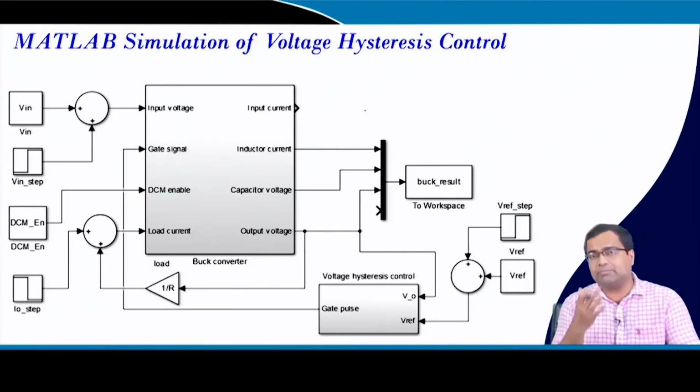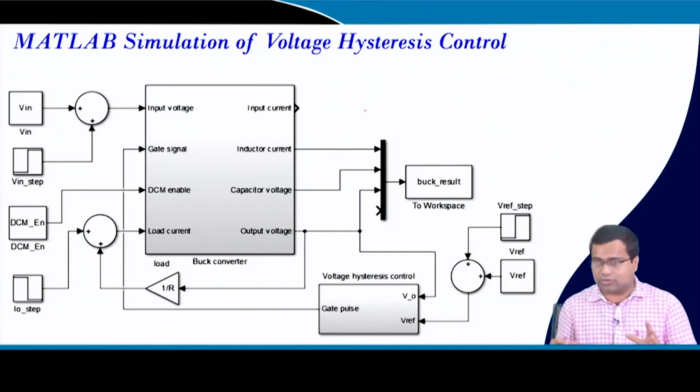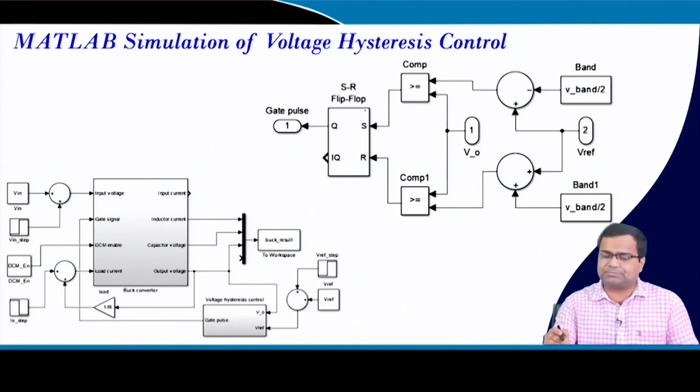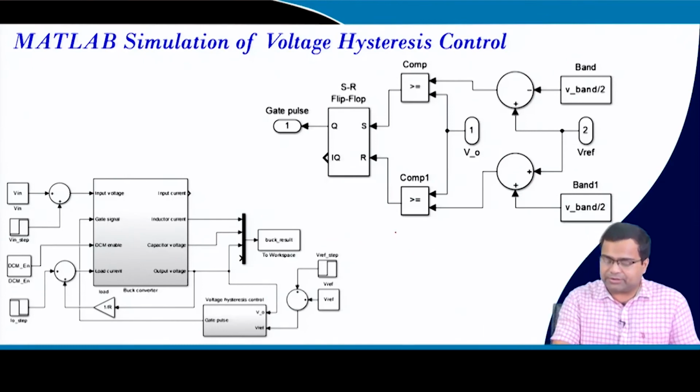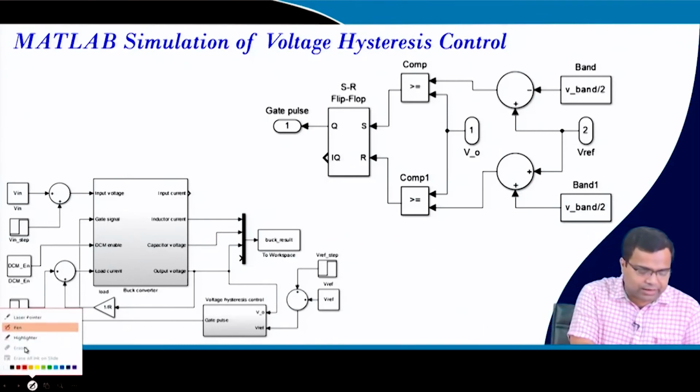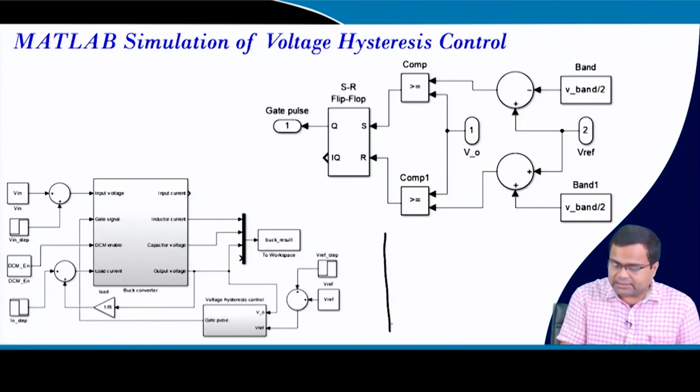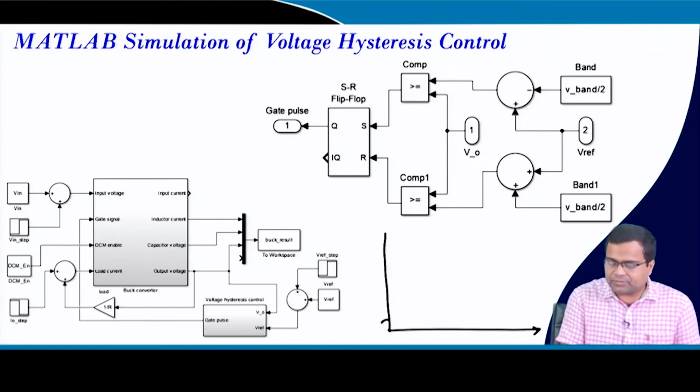Then we can also implement voltage hysteresis control under light load, where it is purely a hysteresis band. What we are trying to do is maintain the voltage. This is my output voltage, and this is time.